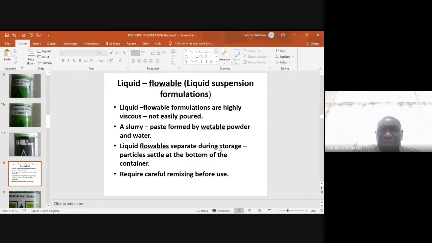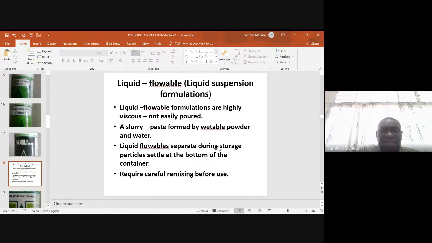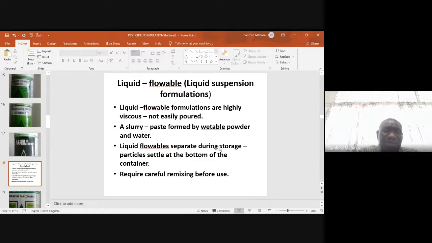So liquid flowable or liquid suspension formulations, these formulations are highly viscous. They are not easily poured like what I've mentioned. That is their problem.